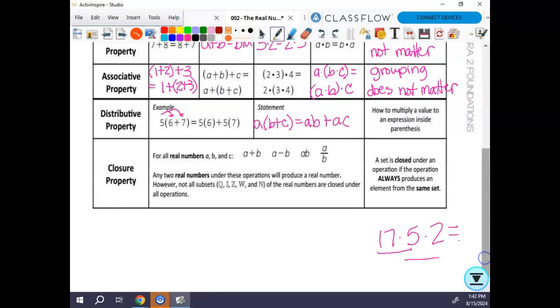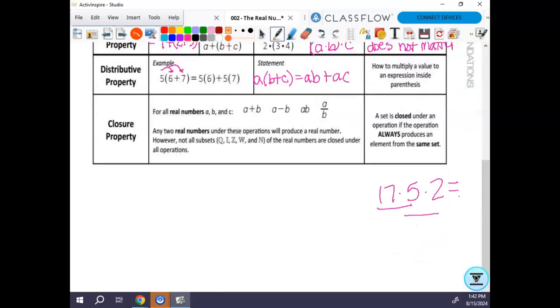Then we have this closure property that sounds really complicated, but we'll talk about it anyway. Because sometimes you also have to learn how to read math and how to decipher the words. Any two real numbers under these operations will produce a real number. However, not all subsets that we talked about are closed under all operations. That wording sounds weird, right?